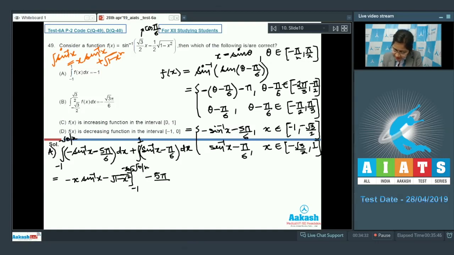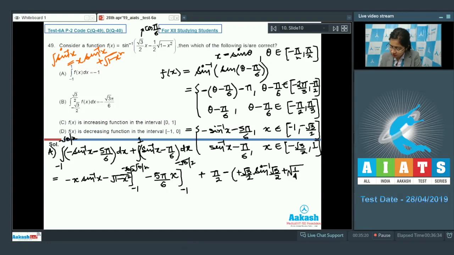Also minus pi by 6 into x from minus 1 to minus root 3 by 2, plus the integral of sine inverse x, that is directly putting the value, putting 1, it will be 1 into sine inverse 1, that is pi by 2, plus 0, minus, putting x equal to minus root 3 by 2, we will get minus root 3 by 2 into sine inverse of, let's put minus out, so it will be root 3 by 2, plus under root of 1 minus 3 by 4, that is under root of 1 by 4, minus pi by 6 into (1 plus root 3 by 2).